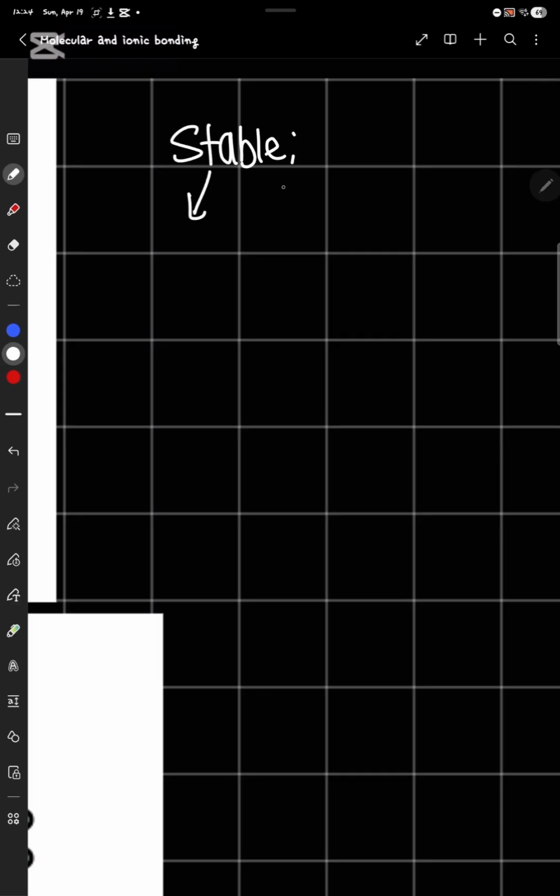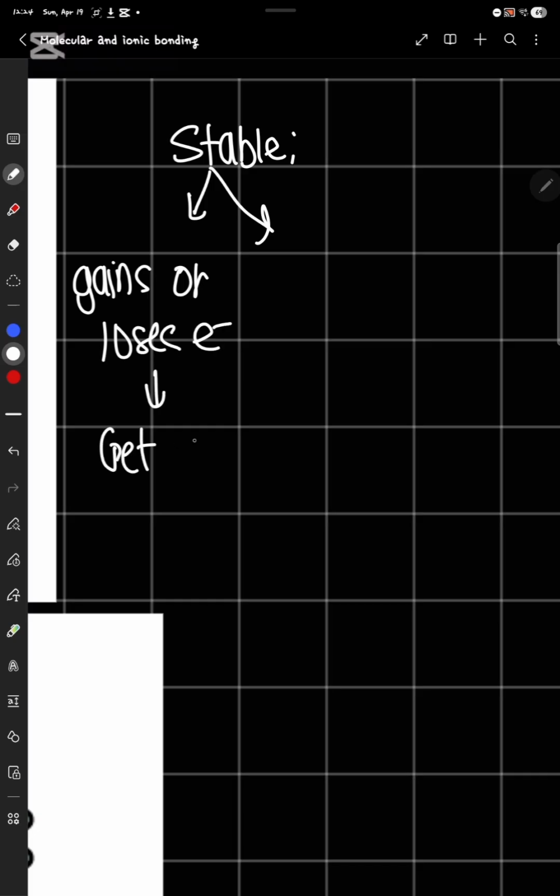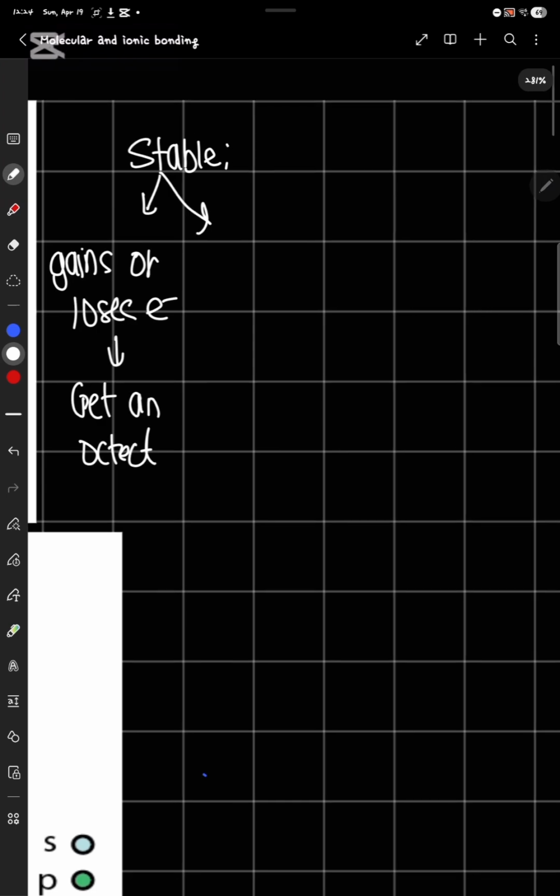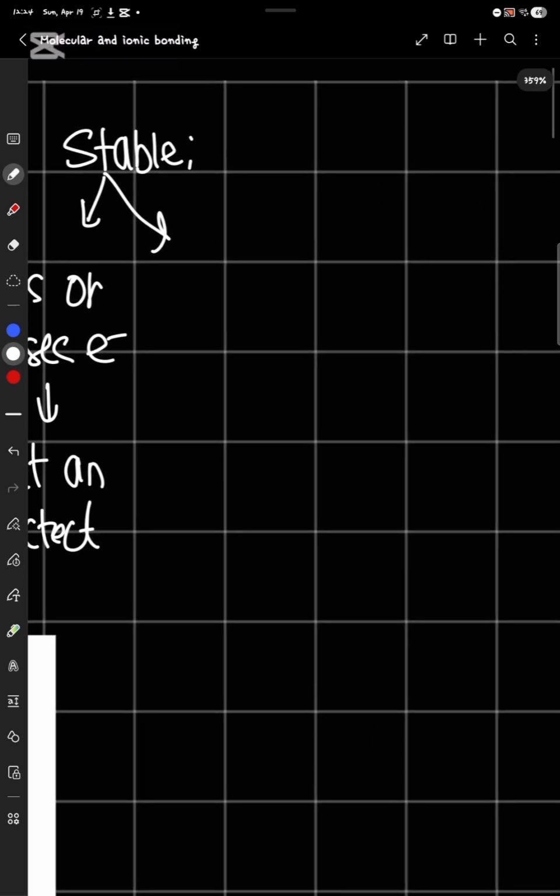Well, there are two things that can happen. Either it gains or loses electrons in order to get an octet. Octet meaning an outer shell with 8 valence shell electrons.